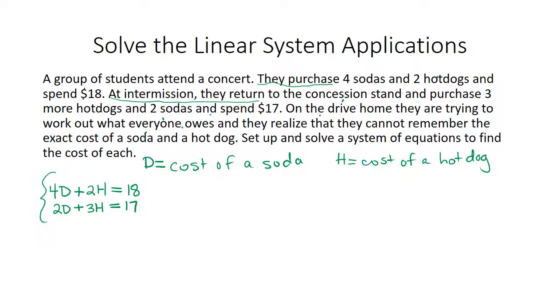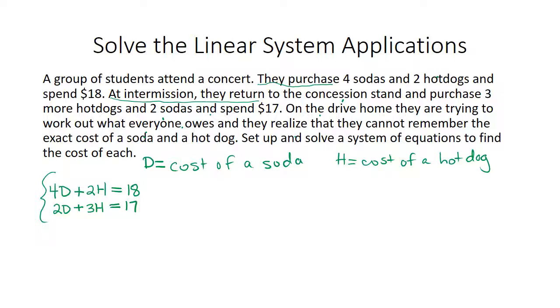Okay, now in order to solve it, we have to pick a solving technique. We can use substitution or elimination if we want to use an algebraic method, or if we wanted to solve one of these for one of the variables, we could plug it into our calculator and solve graphically or numerically. I'm going to go with the elimination method because the system is already set up where all the variables line up with one another. So in order to solve by elimination, I need to eliminate one of my variables, and I'm going to go ahead and try to get rid of the D's.